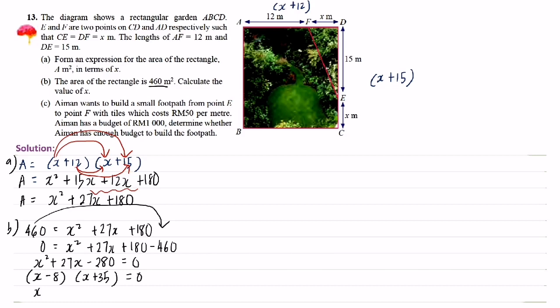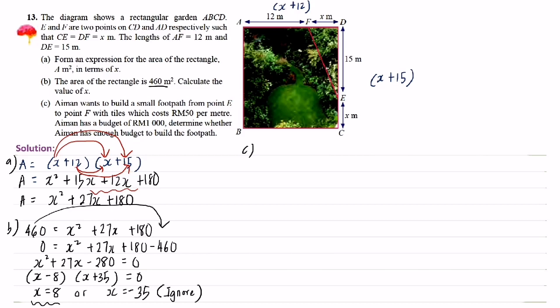And S equals 8 or S equals negative 35. And we cannot accept the negative value of S, so this one we ignore. So the value of S is 8.